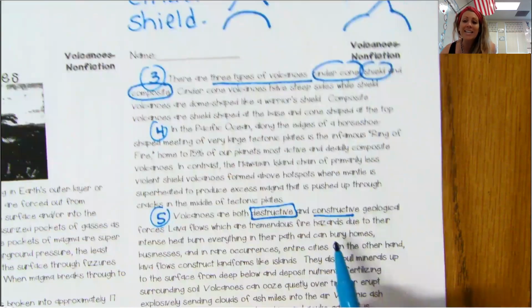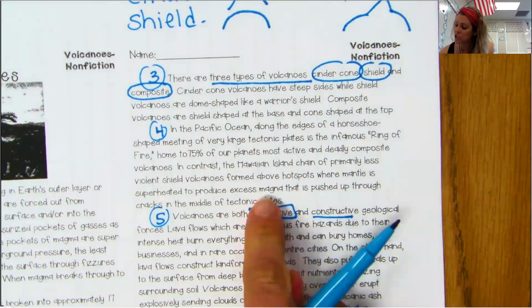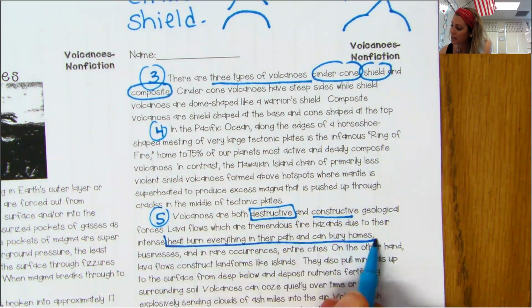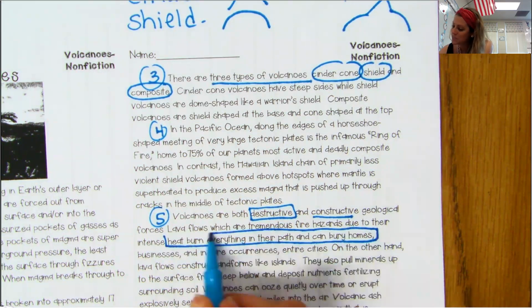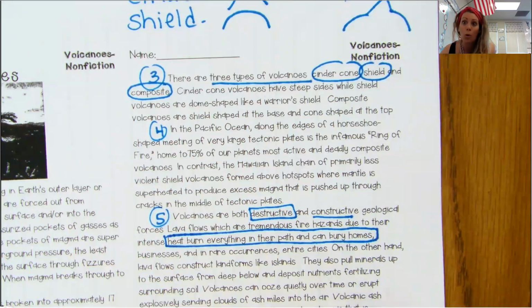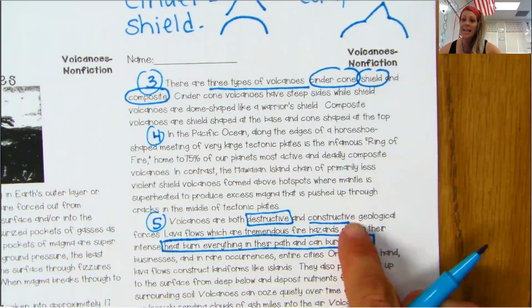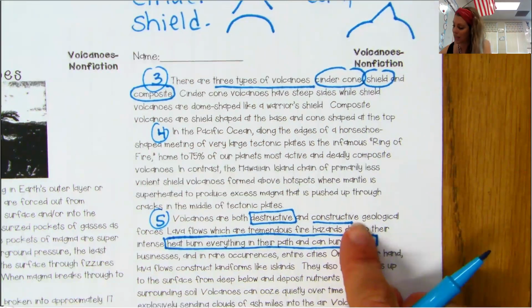So that is an example of destructive, okay? They burn everything in their path and can bury homes, businesses, and even whole cities. But then constructive is the antonym or the opposite to that.